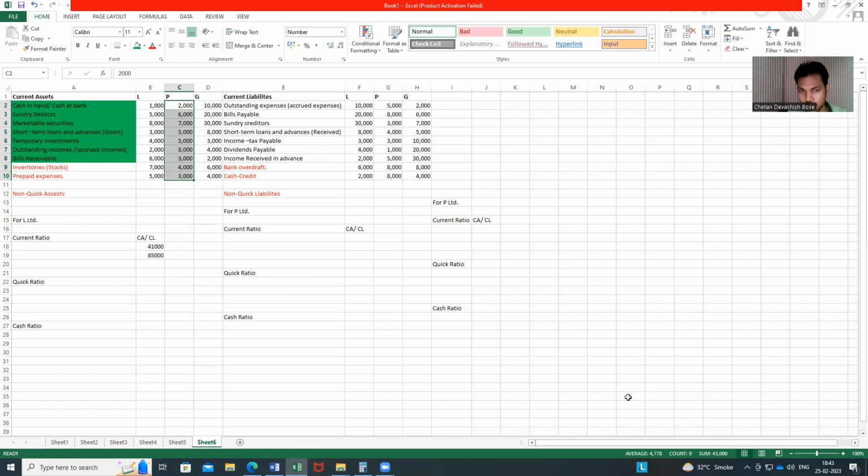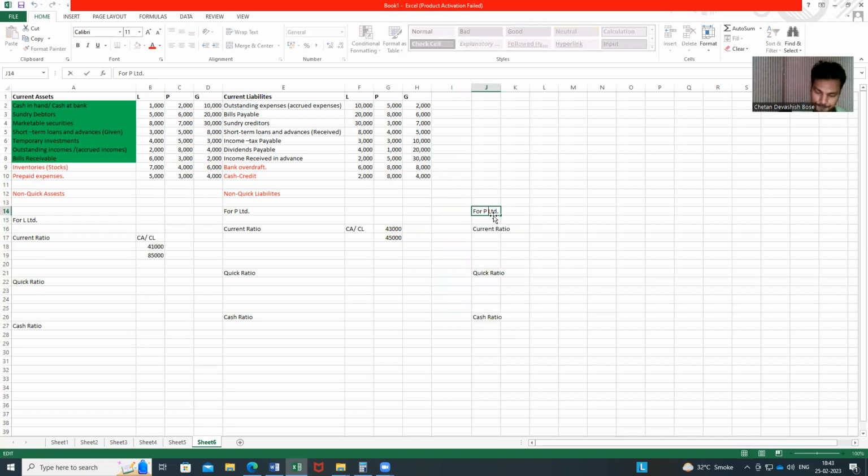Okay, what is the total? 43,000 for P limited. See, this is the P limited. We check for P limited. And then current liabilities for P Limited, it is 45,000. Okay.